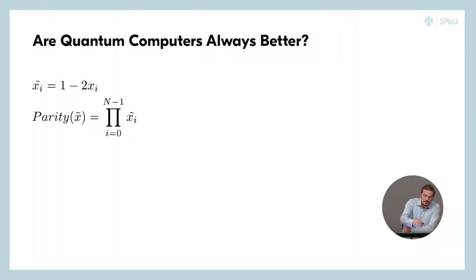Now let's introduce the following notation. X tilde y is 1 minus 2 xy.